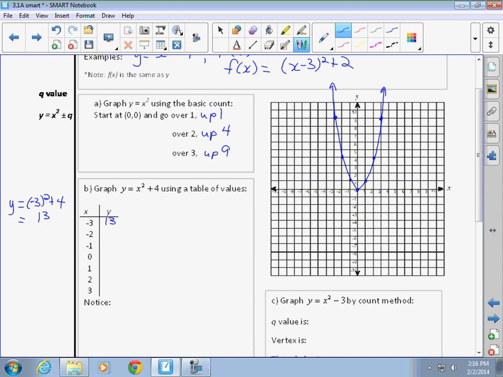If I do that for negative 2, I'm going to have negative 2 squared plus 4, so that's 4 plus 4 is 8. Negative 1 squared plus 4 is going to give me 5. 0 squared plus 4 is going to give me 4. And then I would just continue for the rest. I'll just write in the answers for those. So I had 13, 8, 5, 4, 5, 8, 13.